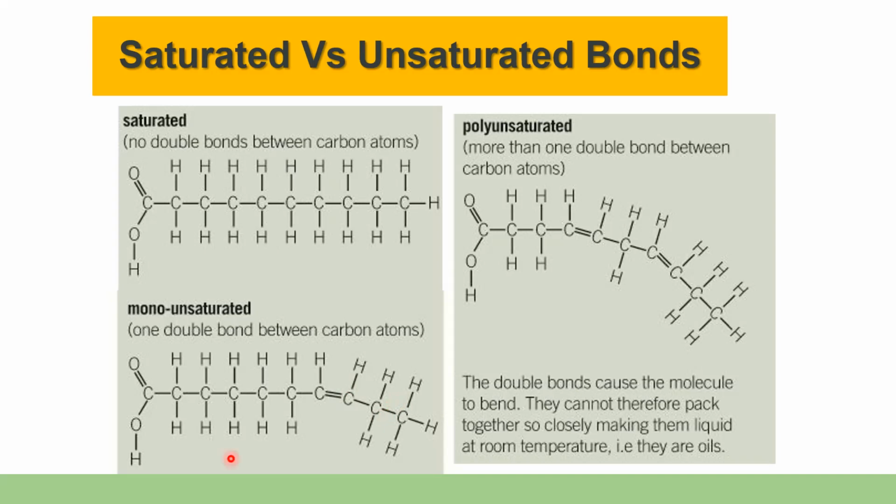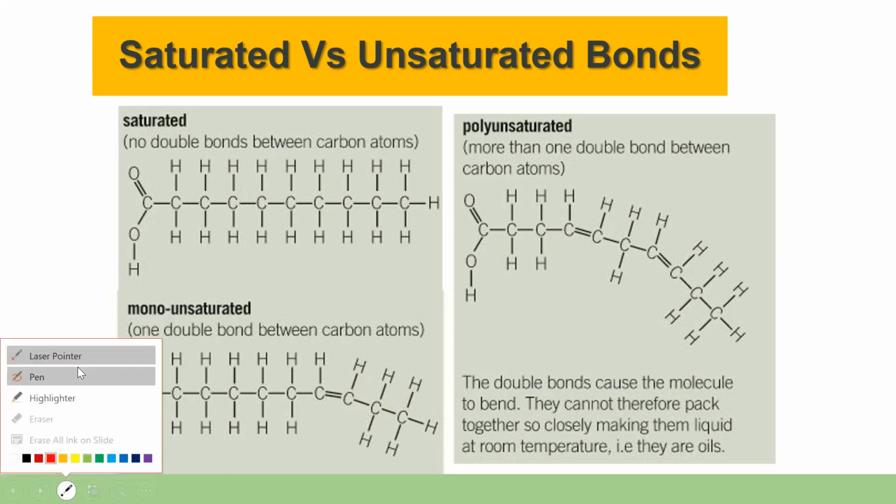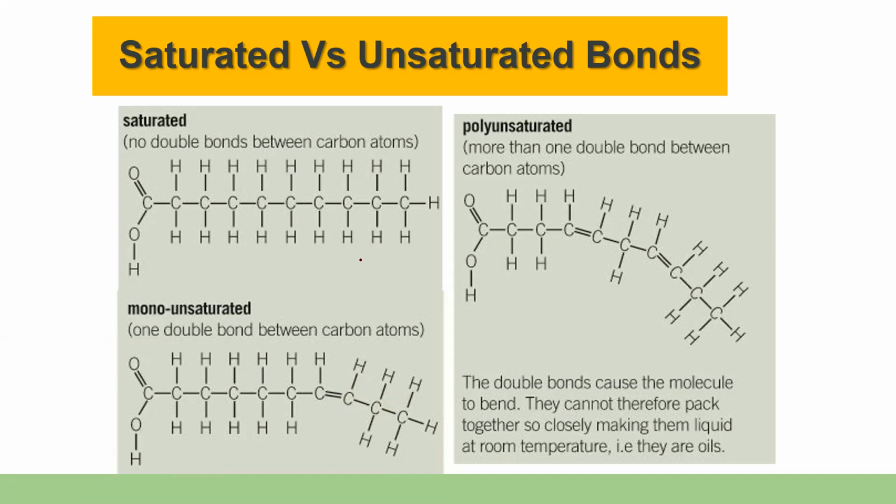We use a term for that: it shows a kink. So this molecule bends, and the reason is that they cannot pack together. So generally, unsaturated fats remain liquid or oil at room temperature because of this property.